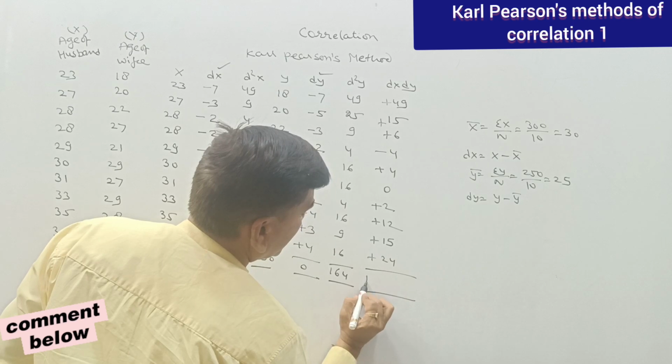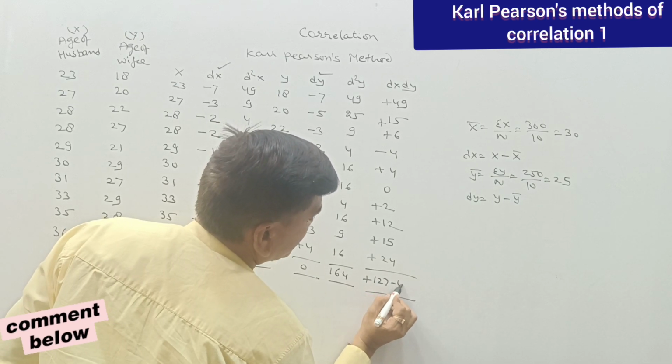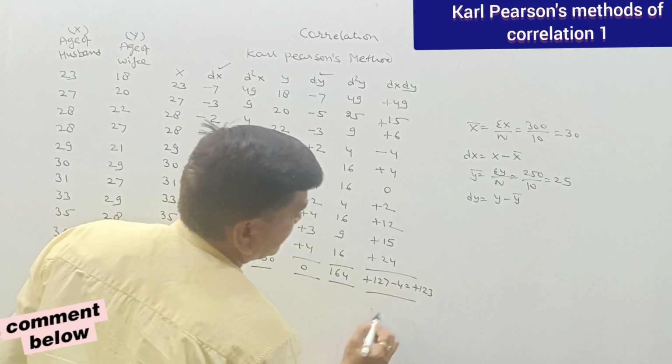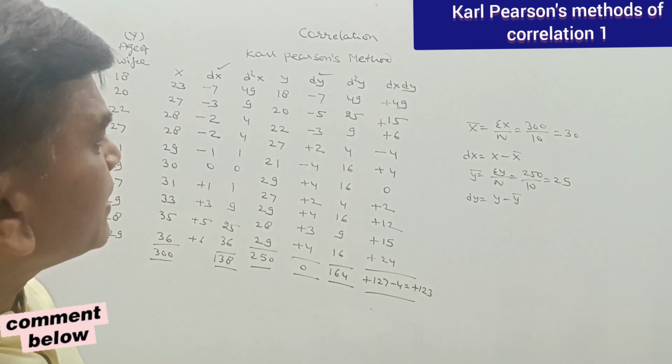So that is 127 minus 4, that is 123. So this will be 123.